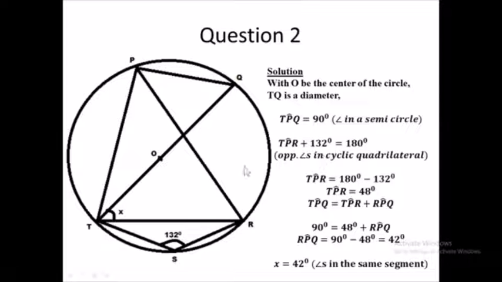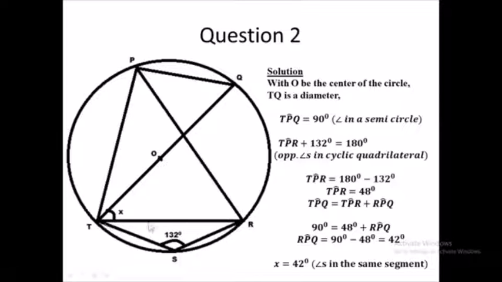If that is the case, you can see this angle 132 degrees and this angle P here, angle TPR. These are opposite angles in a cyclic quadrilateral. Look at this line, 1, 2, 3, then 4.